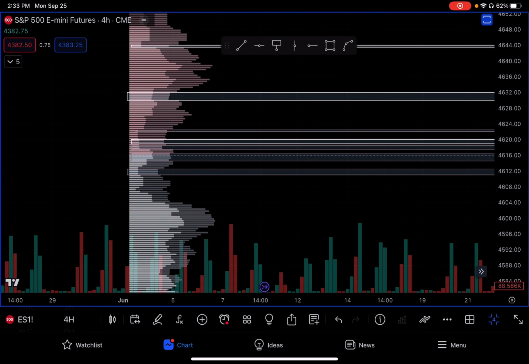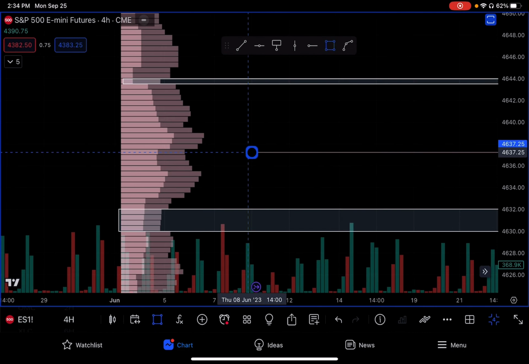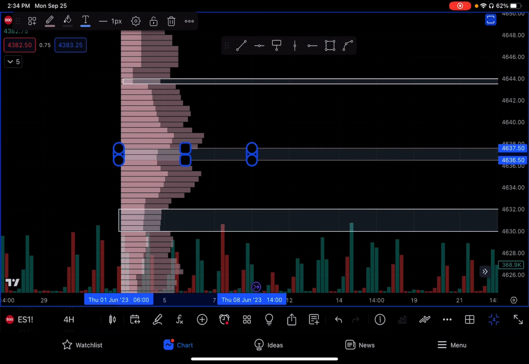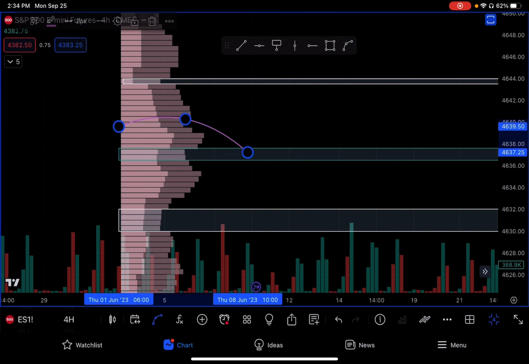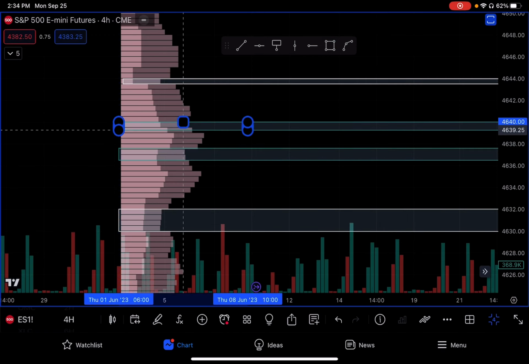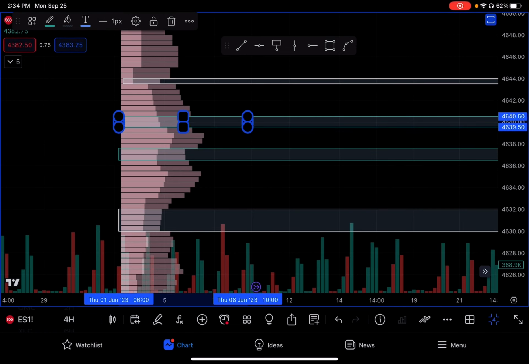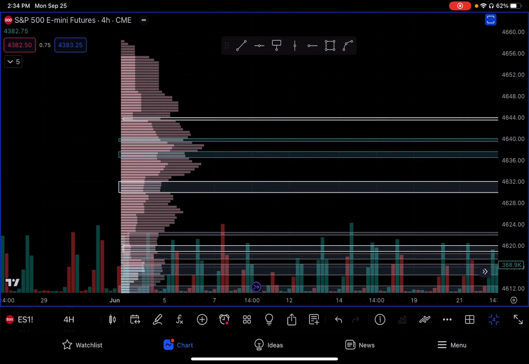And then I'm going to put one in the middle of the HVN because there's that one right there, like we did before. And then one there. Take a look.